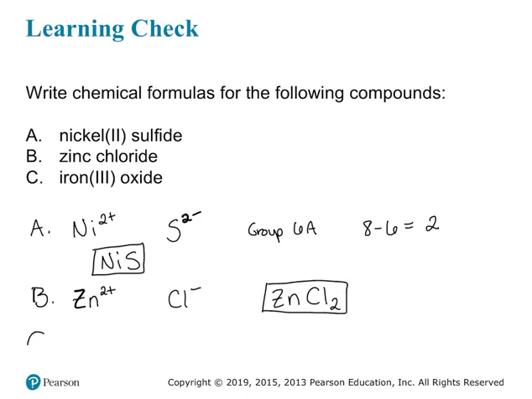And now for C, iron(III) oxide. So we have an iron ion with a 3 plus charge, and then oxygen. So what is the charge on the oxide ion?